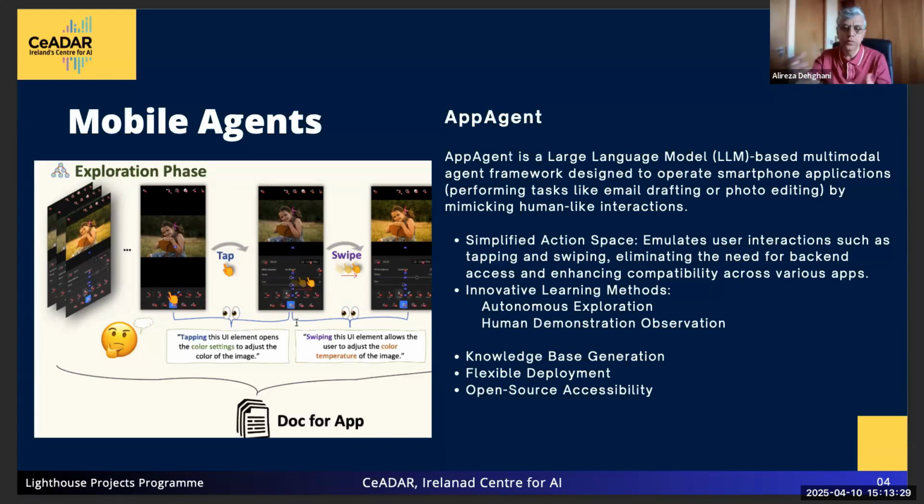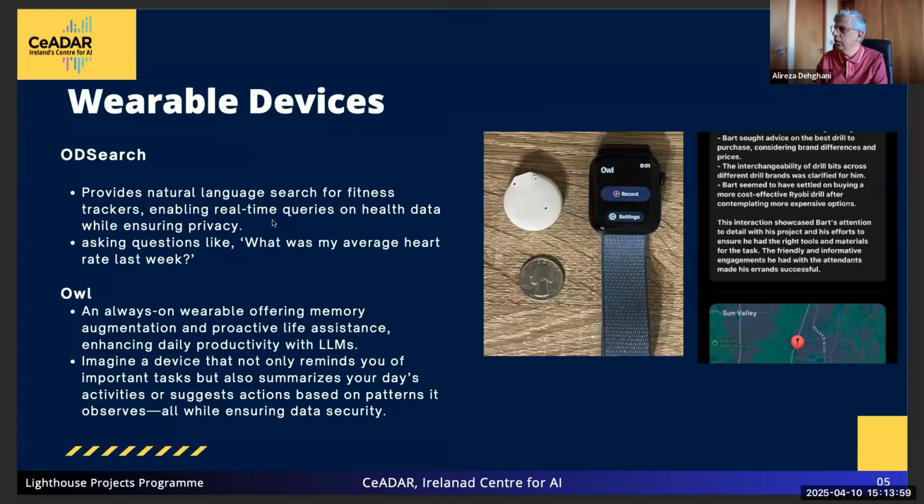It could be the picture, it could be your voice as well as the picture, it could be some text, etc. And then accordingly, it translates everything, reasons and extracts the information for you. So as I said, it is a large language model based multimodal agent framework designed to operate smartphone applications, performing tasks like email drafting or photo editing by mimicking human-like interactions. So you can do any kind of these things. That's a very interesting application.